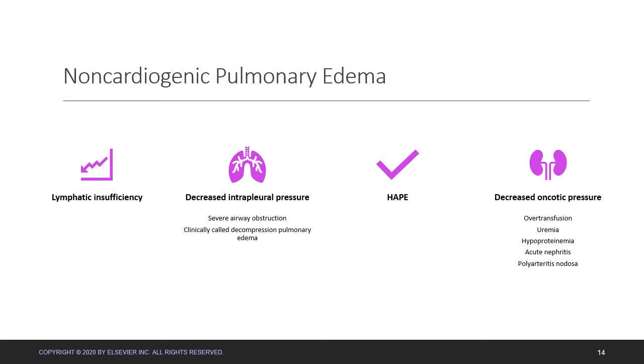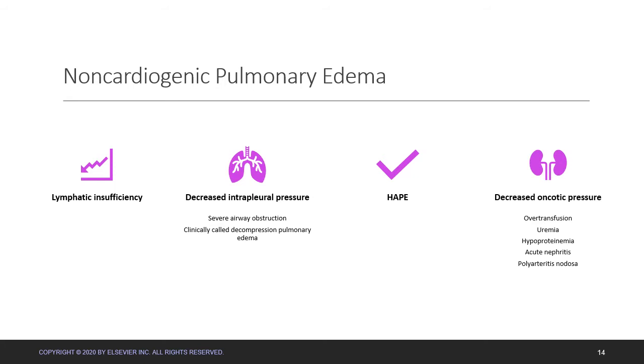These lymphatic vessels may be obstructed by tumor cells. They can also empty into veins and increase systemic venous pressure and may slow lymphatic drainage. Lymphatic insufficiency may also be observed after lung transplantation.